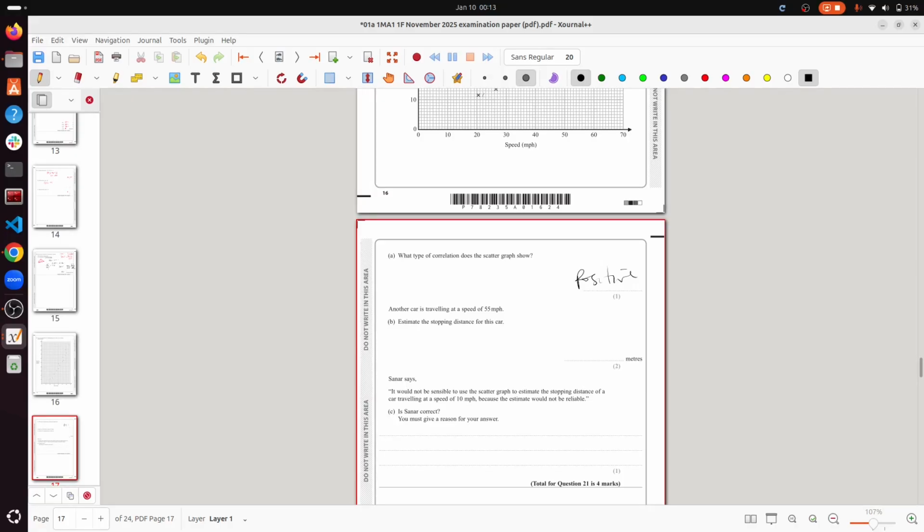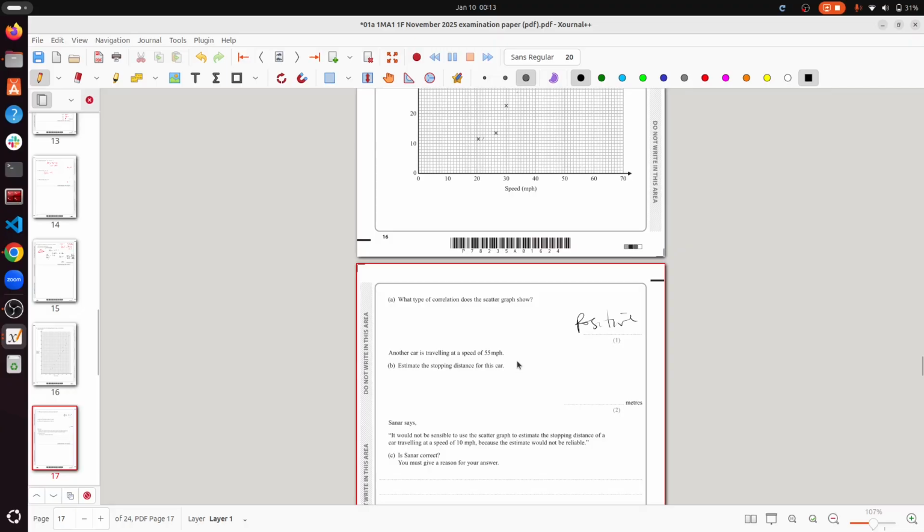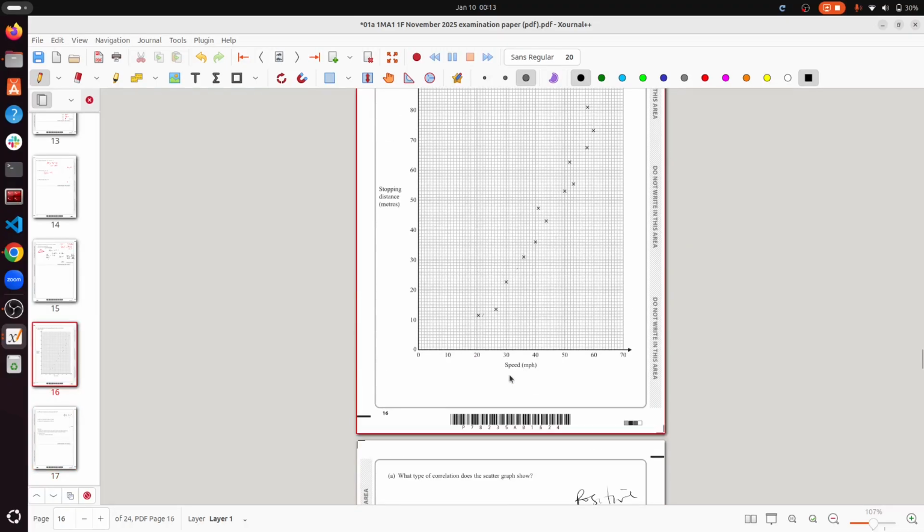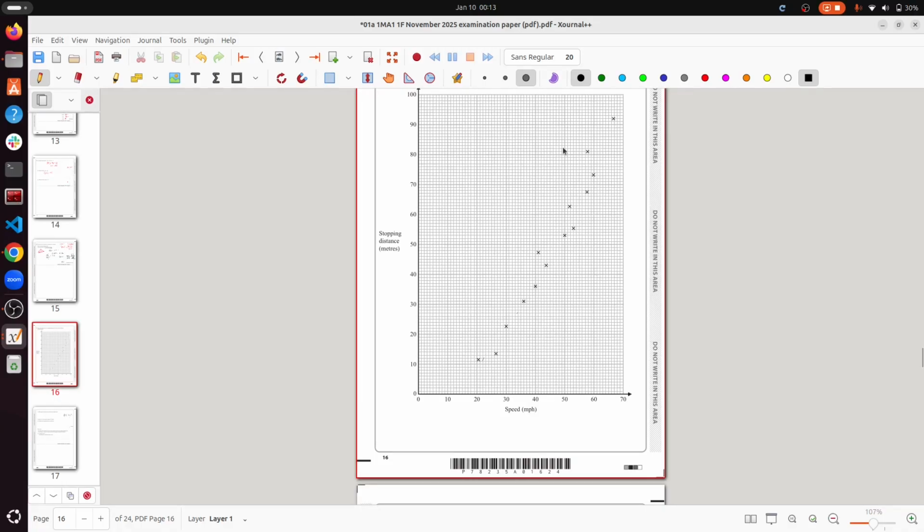correlation. Another car is traveling at a speed of 55 miles per hour. Estimate the stopping distance of this car. Now, for us to estimate using this scatter graph, we have to use a ruler.